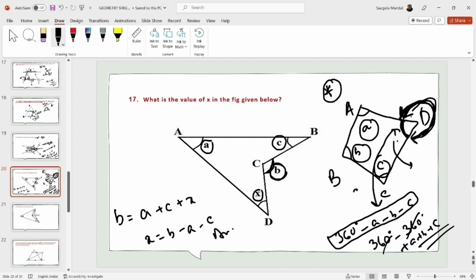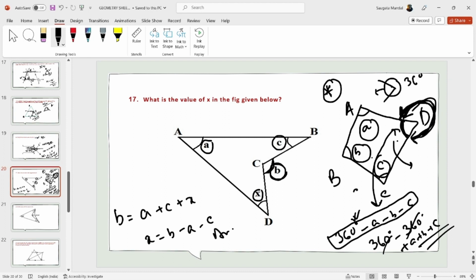And what is the external angle of D? In a circle, this must be 360 degrees. One part is 360 degrees minus A minus B minus C. Then the rest part will be the total 360 degrees minus this part.